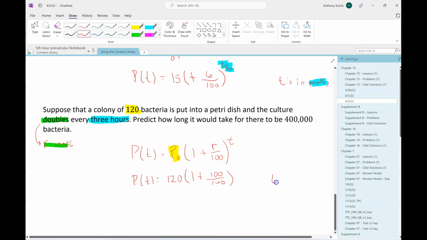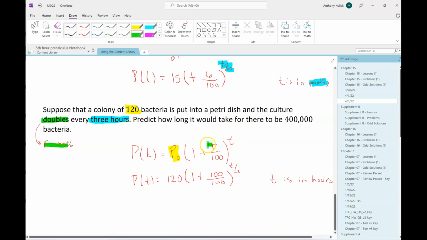So it probably makes most sense to think of T in hours, right? So what would we write there in the exponent? If T is 1 hour, how much of a rate of change do we get in 1 hour? 1/3. So I'll write that as T over 3.